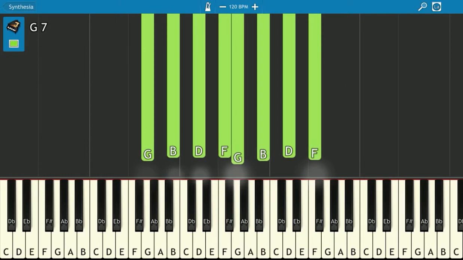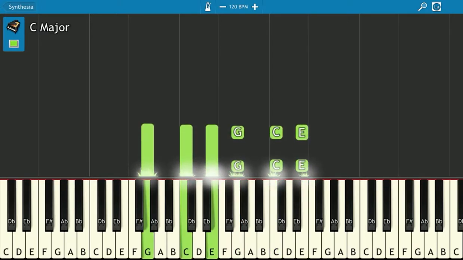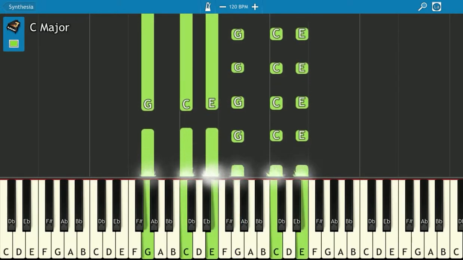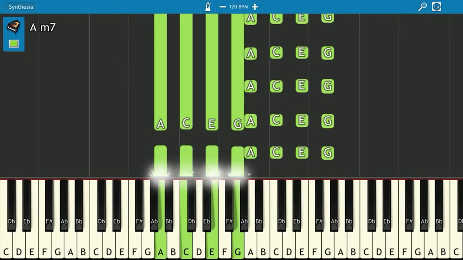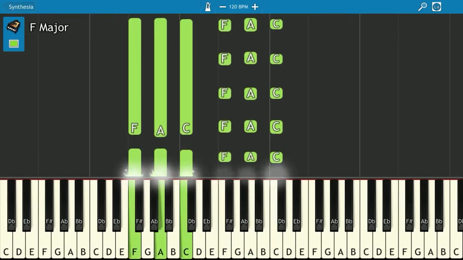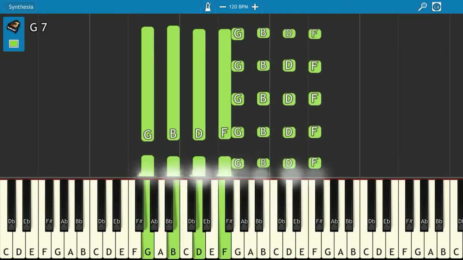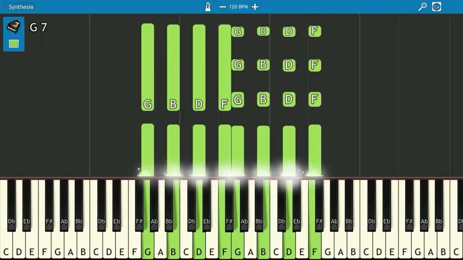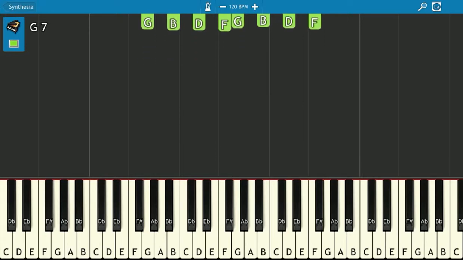So let's try playing this on a 4x4 rhythm. Ready, set, go. Very good, so now we have that one down.